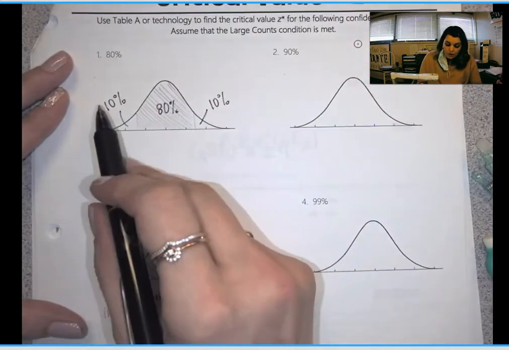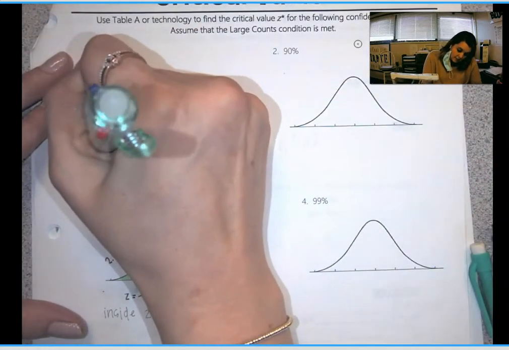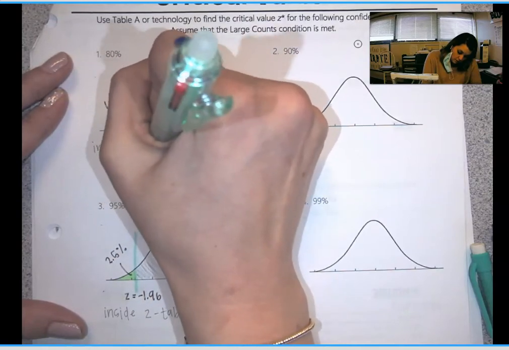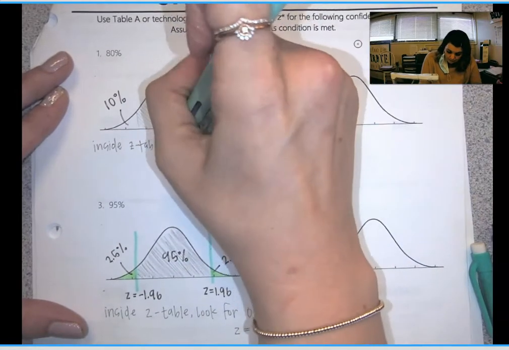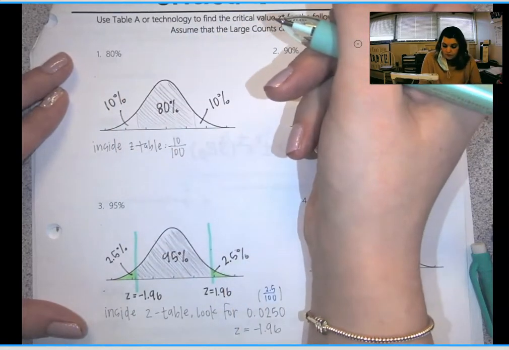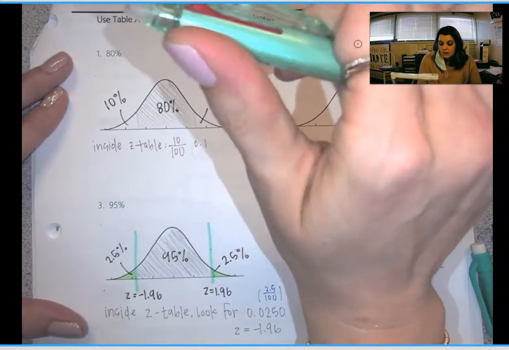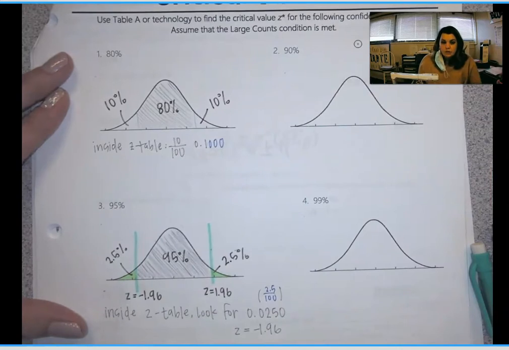So if I want to know the critical value, what I need to look up inside the z table is 10 divided by 100. That gives me 0.1, and then I just fill in zeros as placeholders so that I can actually look inside the table.